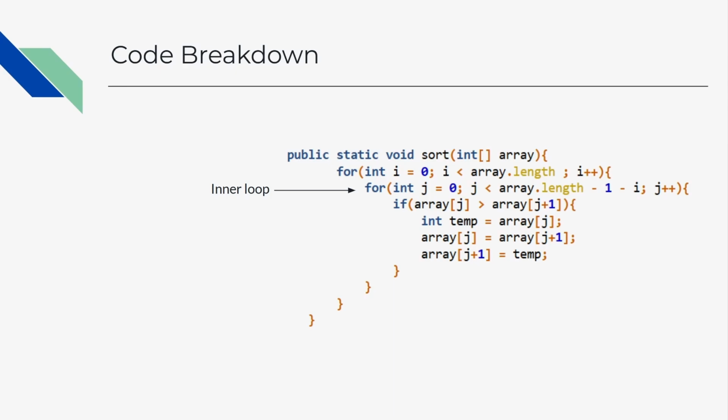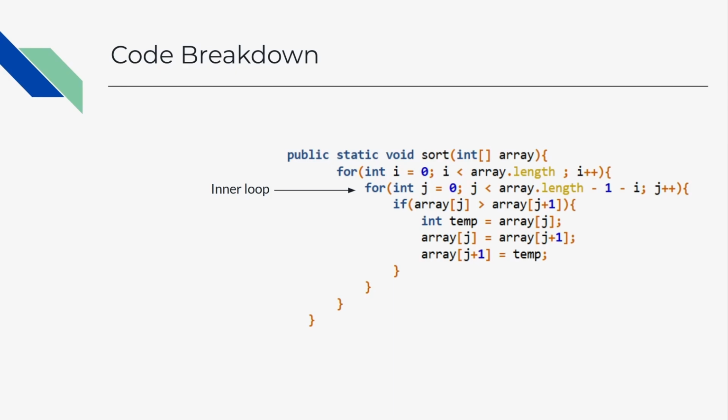In other words, it will not traverse the sorted portions of our array. That's why we declare the condition as j has to be less than array.length minus 1 minus i.